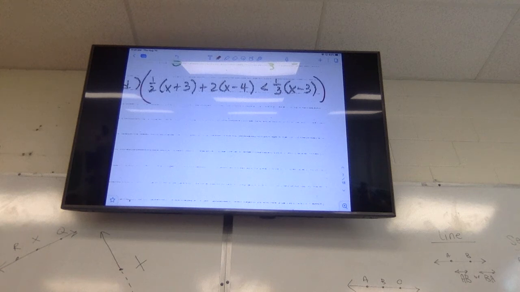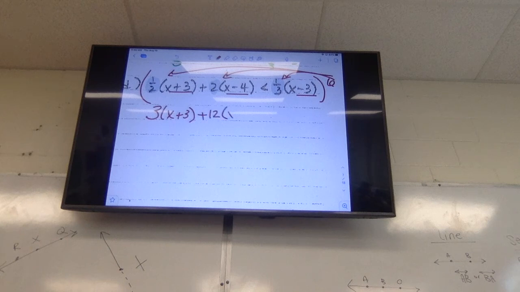So I have a fraction here of 1/2, I've got a fraction of 1/3. I'm going to clear them by, again, multiplying by 6, but I'm not going to multiply anything inside of my parentheses. I'm just going to worry about the outsides when I multiply by 6. So when I do 6 times 1/2, that gives me 3. I'm not doing anything to the inside, I just changed the number out front. 6 times 2 is 12, so that becomes 12 times x minus 4.